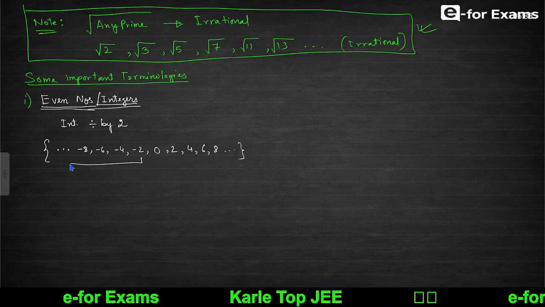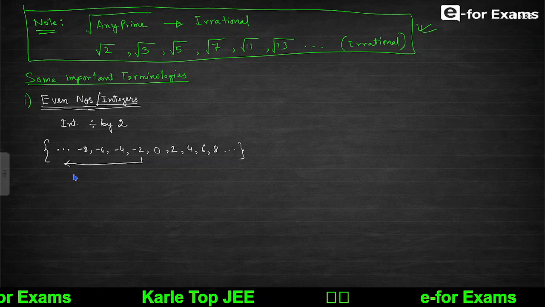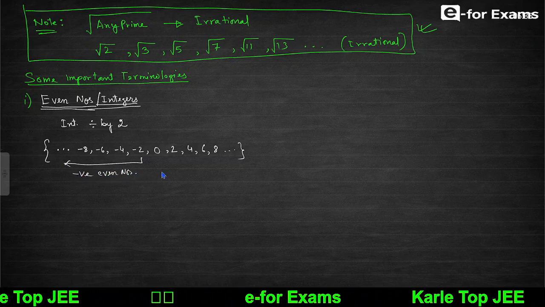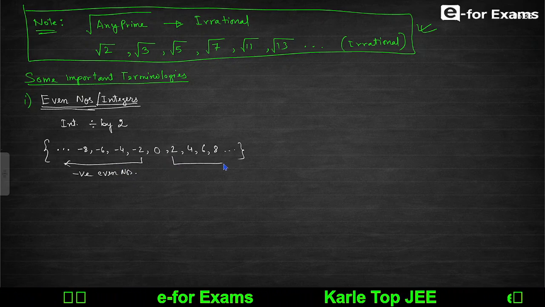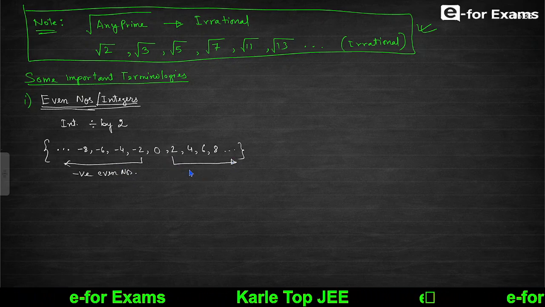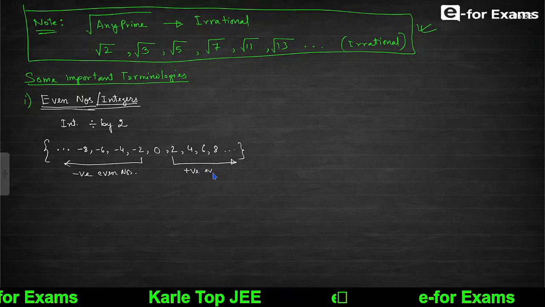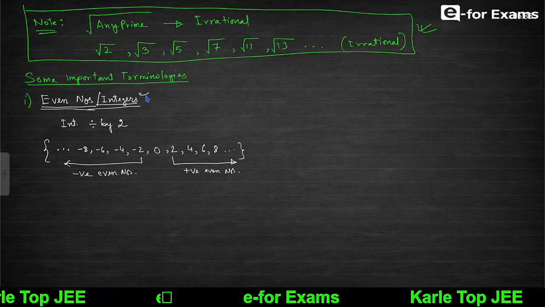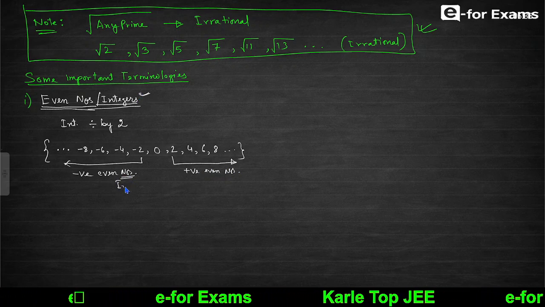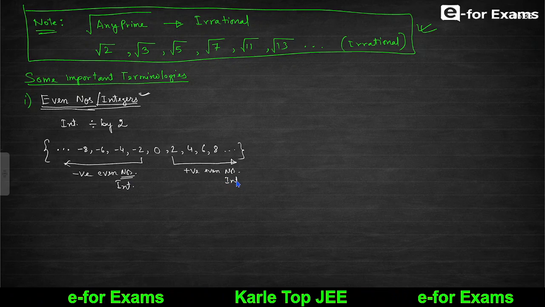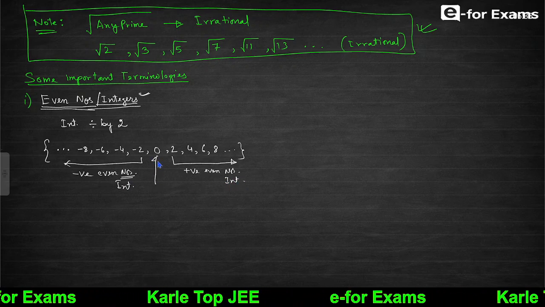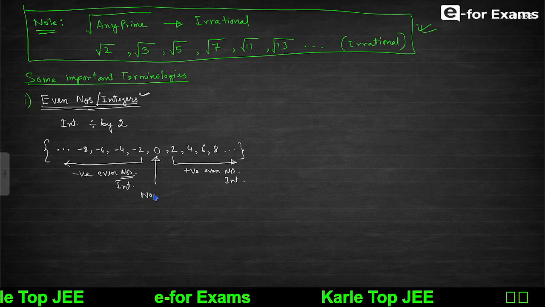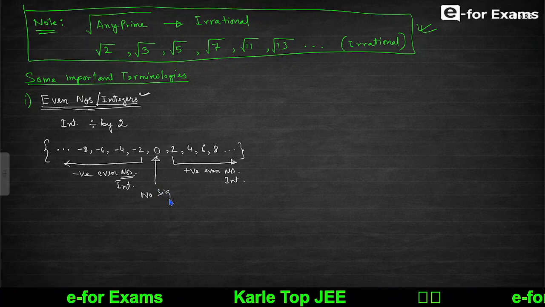From -2 going to the left side, these are negative even numbers. And from 2 to the right side, we call them positive even integers. Better to say integers. Here, 0 has no sign.